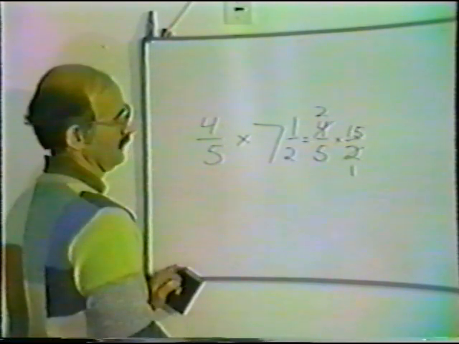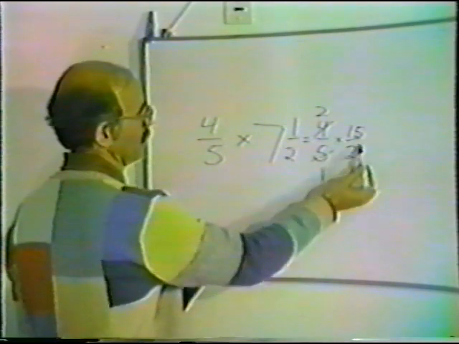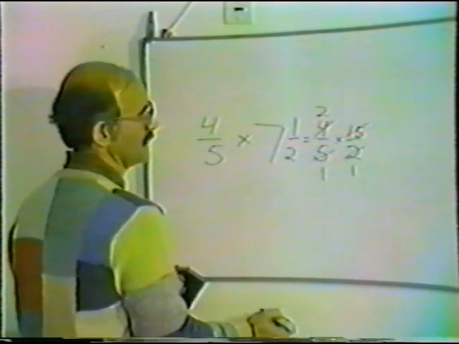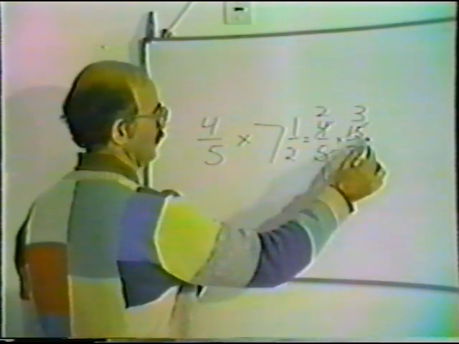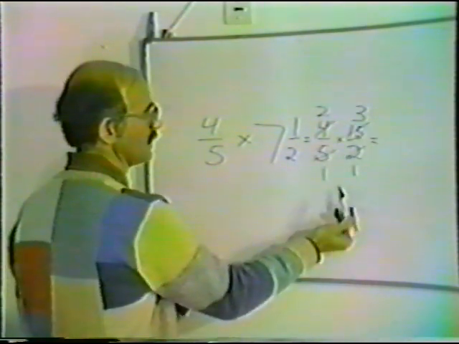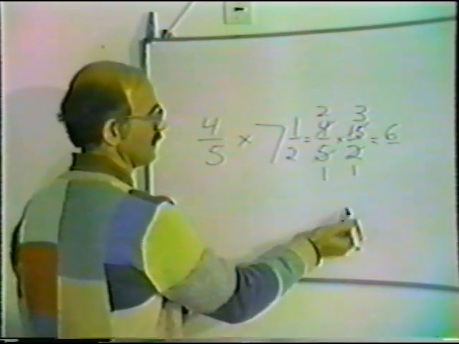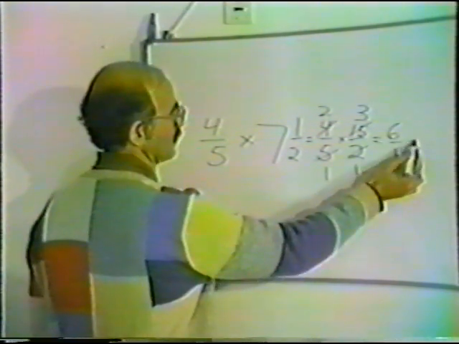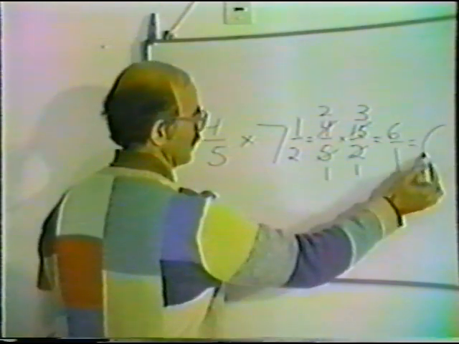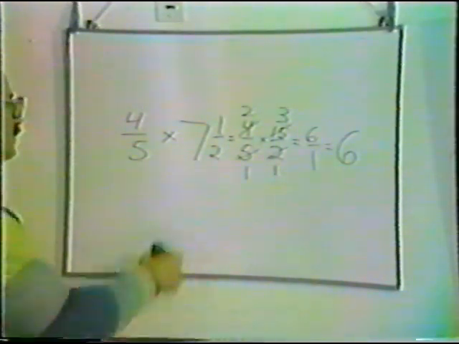With what number? 5. 5 into 5 is? 1. 5 into 15 is? 3. Multiply across. 2 times 3 is? 6. 1 times 1 is? 1. The answer is? 6. Just plain whole number 6.